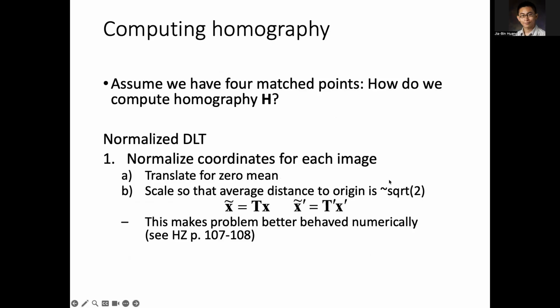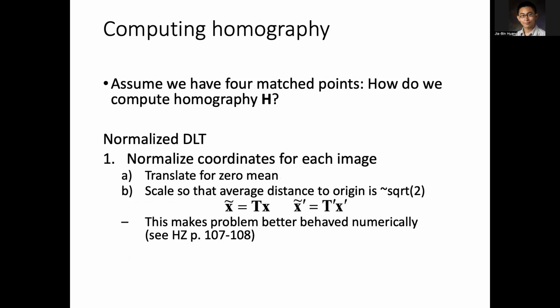So the average distance is square root of 2, basically x and y are unit variance. So this will lead to better numerical stability when you solve for the H using direct linear transformation.